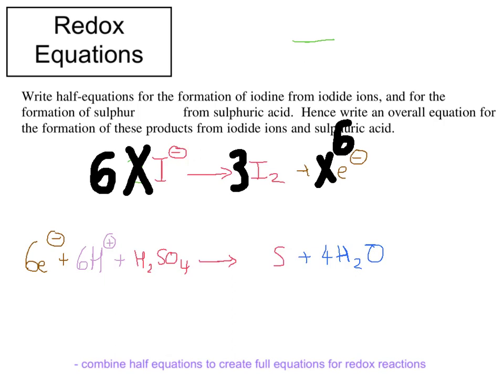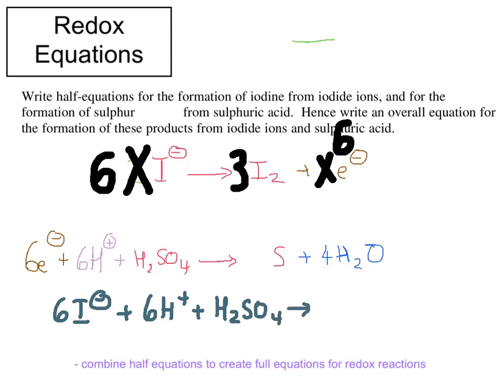So the overall reaction will be 6I minus from the first equation plus 6H plus, plus H2SO4, goes to make sulfur plus 4H2O plus 3I2. That's just me combining the 2 equations, making sure that the electrons aren't written.